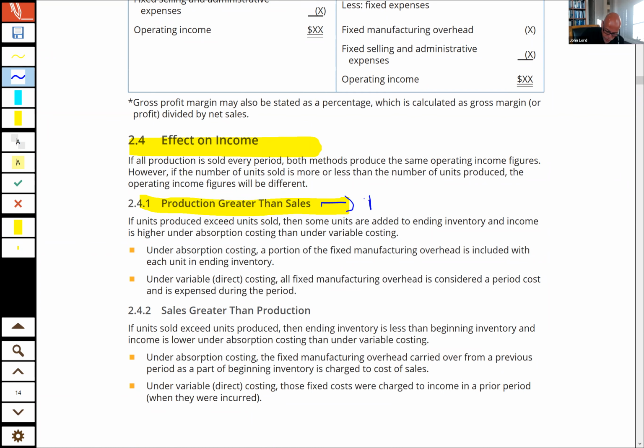And if inventory levels go up, then absorption will have a larger net income than the variable, contribution margin approach, whatever you want to call it. Those are synonymous terms.